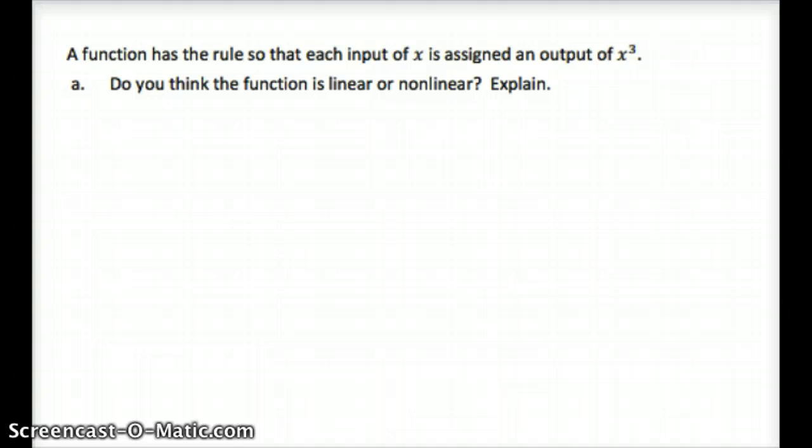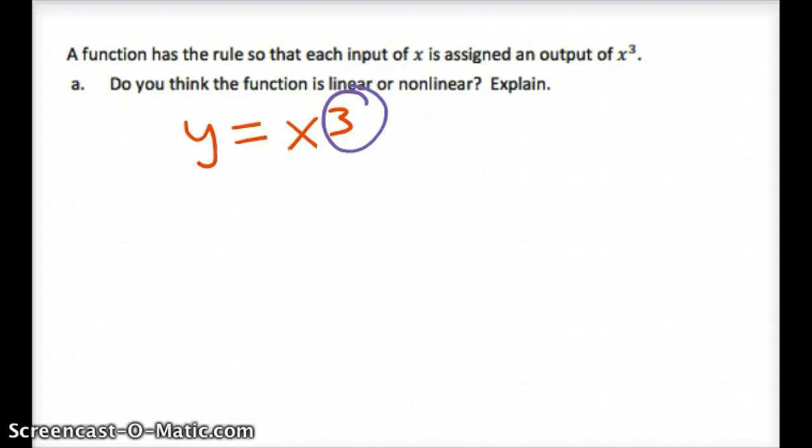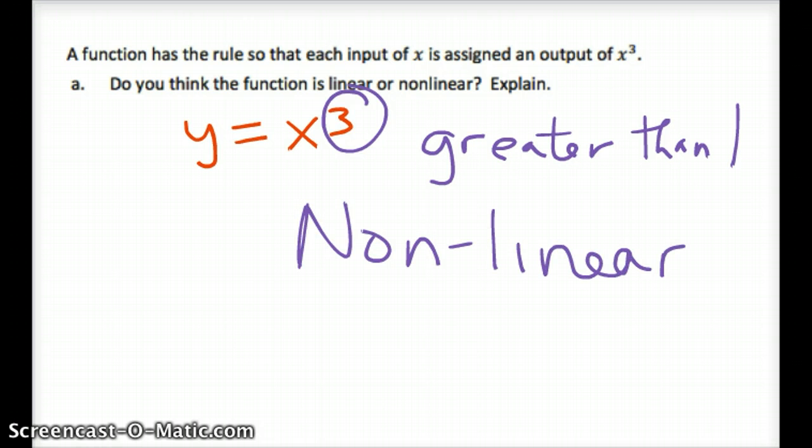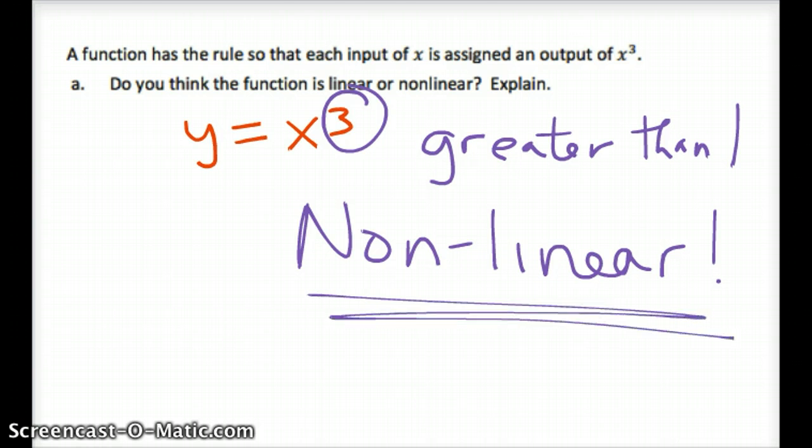And lastly, a function has the rule so that each input of x is assigned an output of x cubed. So y equals x cubed. Is the function linear or nonlinear? So I'm going to look at my exponent, and it's greater than 1, so it's nonlinear.